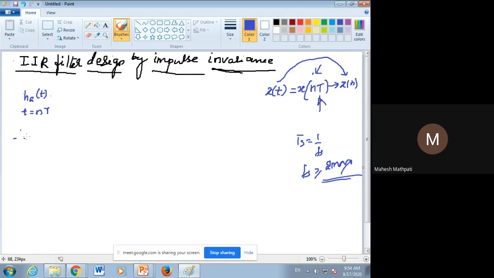Therefore I can write h of n equals ha of nT, where n equals 0, 1, 2, and so on. Let's call it equation 1.